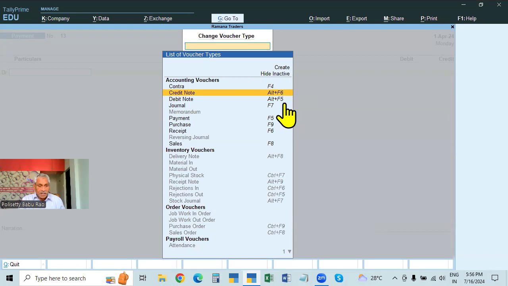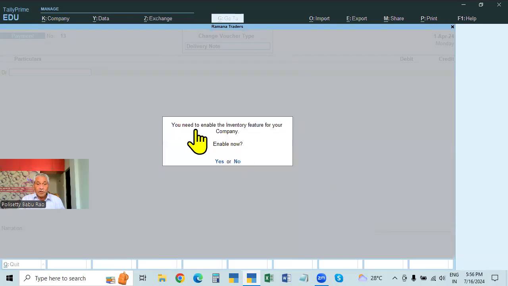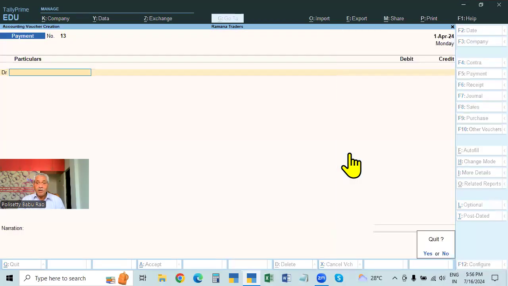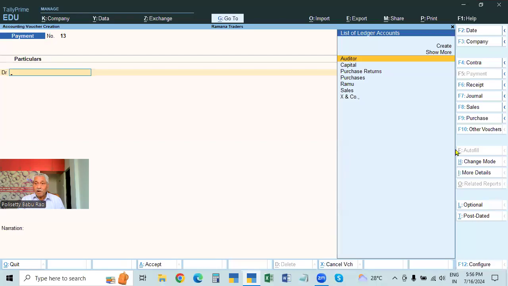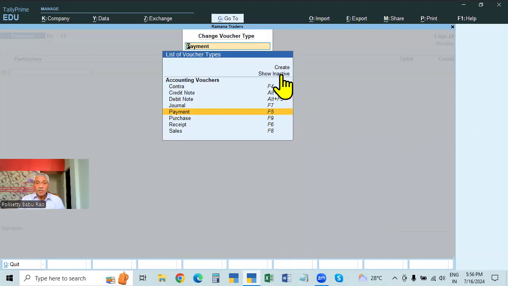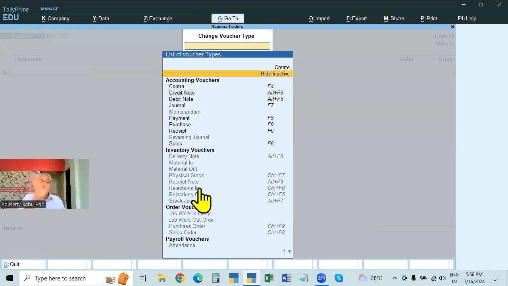If you want to make a voucher, you have to activate it. For example, if you activate this, you click that to show. You need to enable this inventory feature. You have to enable. Enable now, it is asking. You click yes, it will enable the voucher, and the voucher will open.